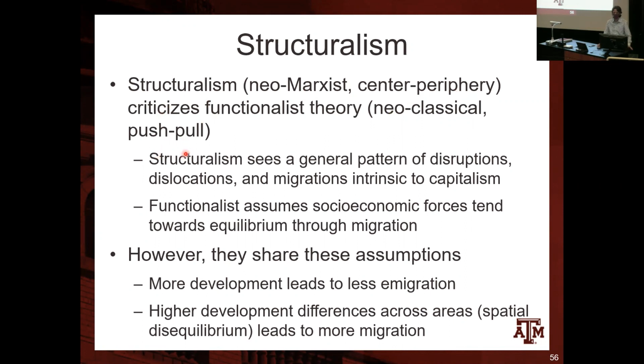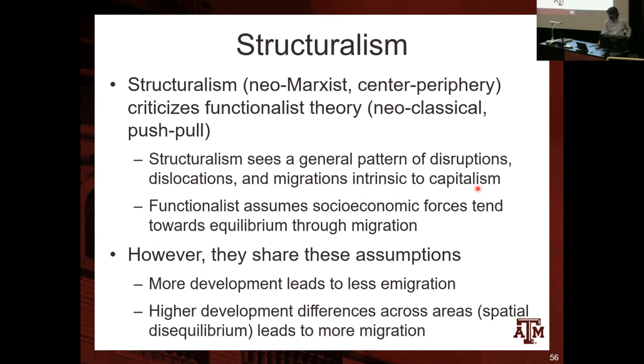The structuralist sees a general pattern of disruptions, dislocations, and migrations intrinsic to capitalism. Capitalism generates wealth and development, but also poverty and inequality. So people move from one area within a country to another, related to all these structural changes in society.